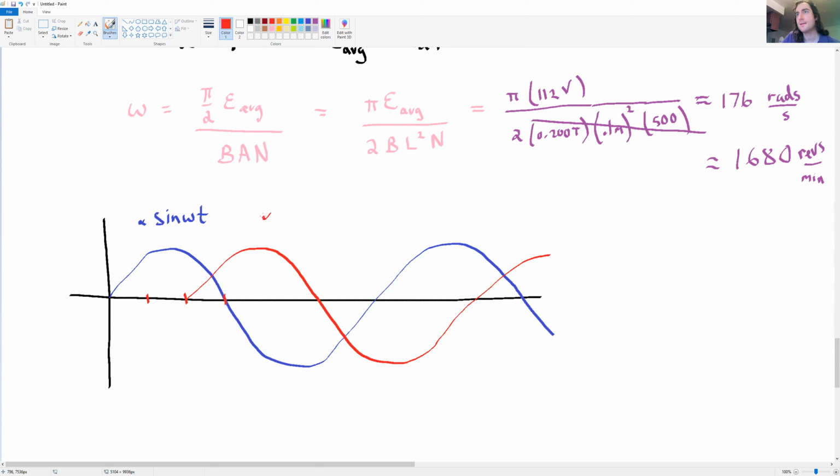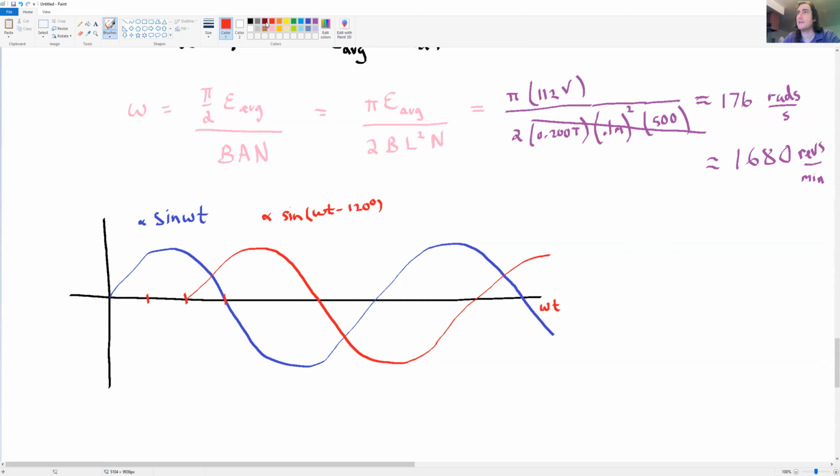This one is going to be proportional to sine omega t, but there's a change in phase here. Sorry, this is the omega t-axis, to make things easier. It's shifted forward by an amount of 120 degrees.